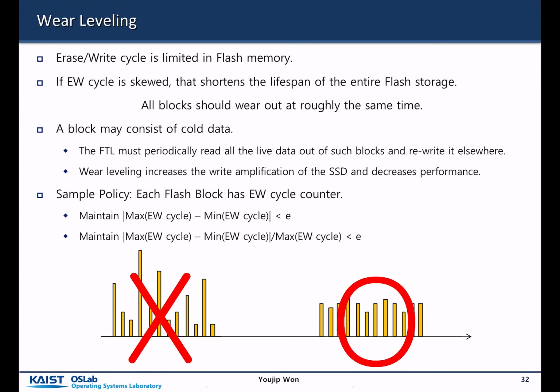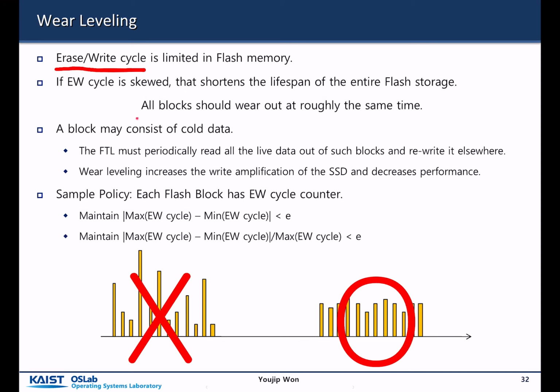In flash memory, there is an important characteristic. Flash memory can be written or erased only a limited number of times. So the EW cycle is limited in flash memory. If the EW cycle is skewed, which means that certain flash blocks are written a lot more times than the others, then it shortens the lifespan of the entire flash storage.